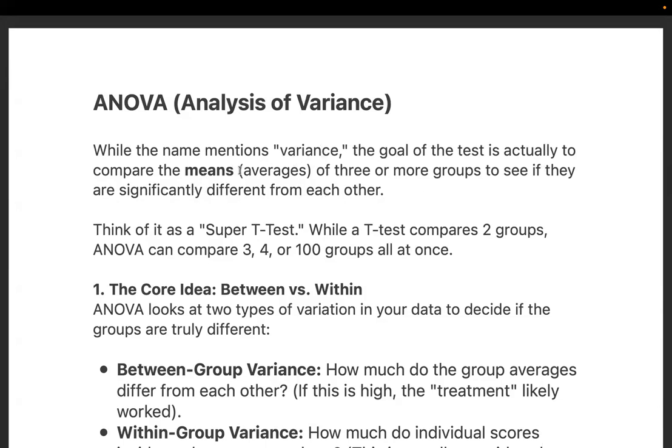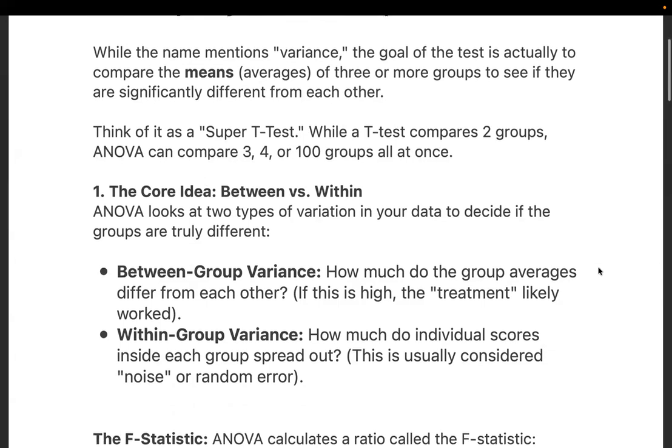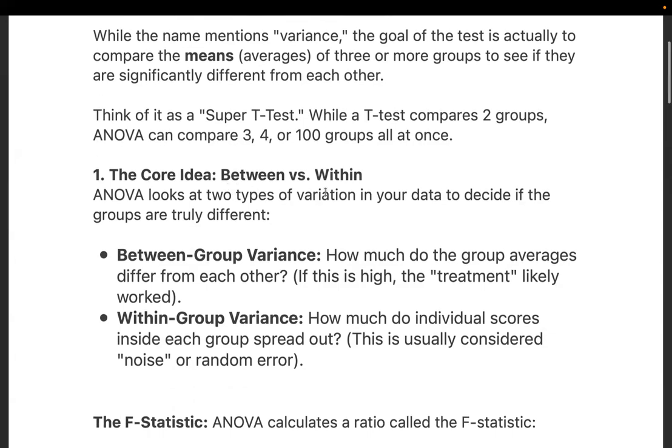So think of it as a super t-test. A t-test is limited to two groups. ANOVA can compare three, more, or 100 groups all at once. The core idea is between and within. You have seen the F statistic. ANOVA looks at two types of variance in your data to decide if the groups are truly different.